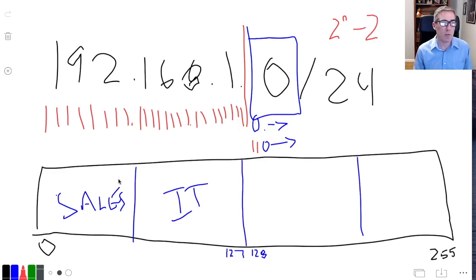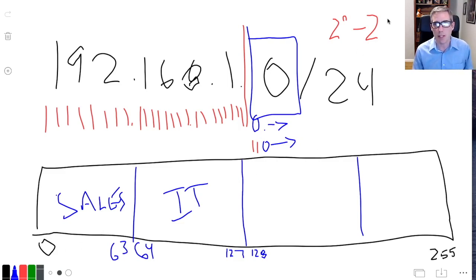And that minus 2 is because of the first and last number in each one. In this case, we have 64 and 63. So 0 to 63 is the first subnet. We have 6 bits that created that. We can't use 0, we can't use 63.